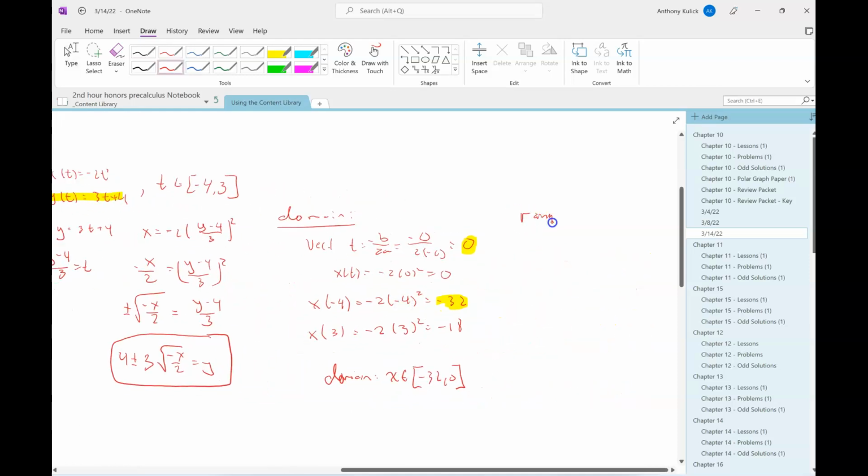And then to do the range, we're just going to be using the y equation.